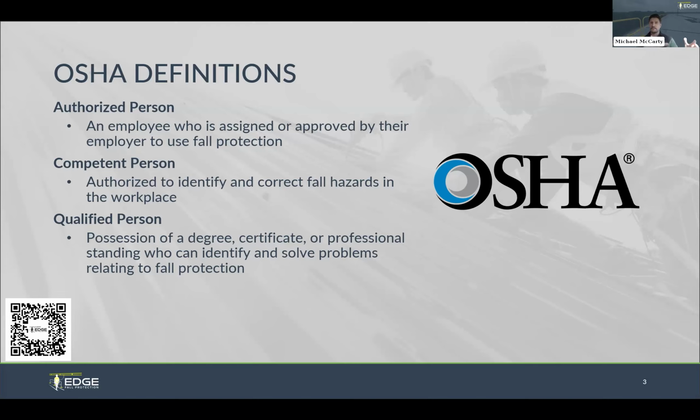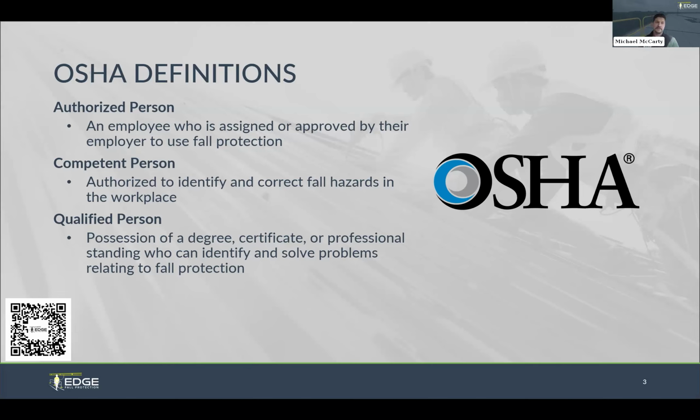So you would come to work at Edge, and we would show you how to put on your harness, use your lanyard, connect to an anchor, and properly be aware of fall protection. It's a smaller training, 4 to 8 hours, covering the fundamentals of fall protection, how you use the systems, and which systems you're allowed to use. So it's pretty specific for people in the field.